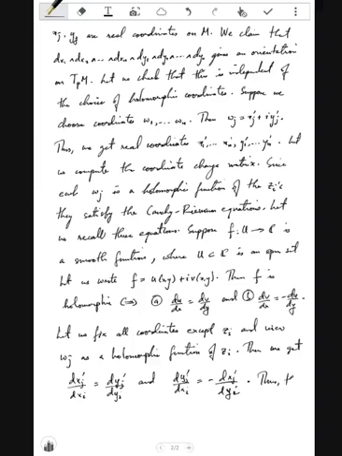Thus the coordinate change matrix, where we write d by dx1 through d by dxn, d by dy1 through d by dyn in terms of d by dx1 prime through d by dxn prime, d by dy1 prime through d by dyn prime, looks like so.